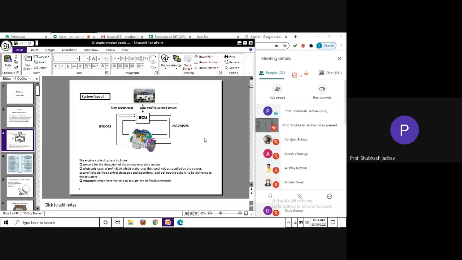Now, what does the ECU have? It is an electronic unit which is programmed. In the ECU there is a program. What does this program do? When the program gets some input values in the form of signals, it processes those values and gives some output to the actuators.